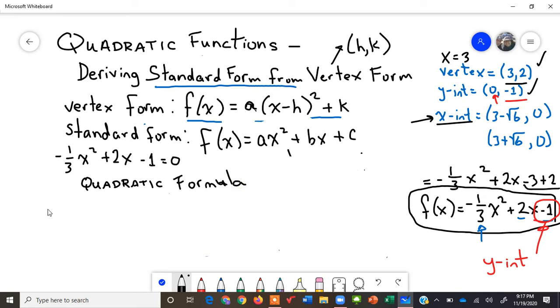So we're going to use the quadratic formula to solve this quadratic equation.